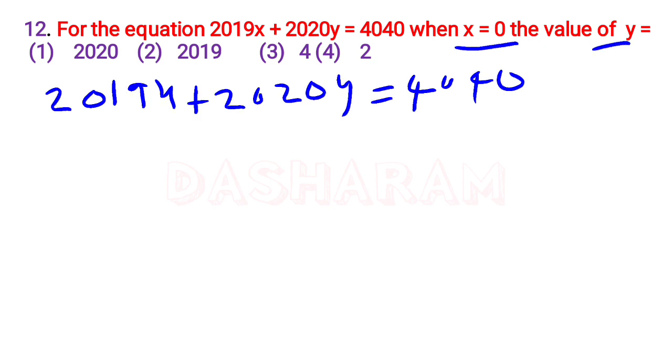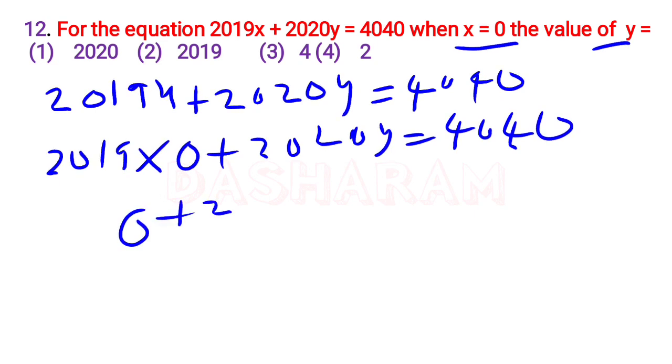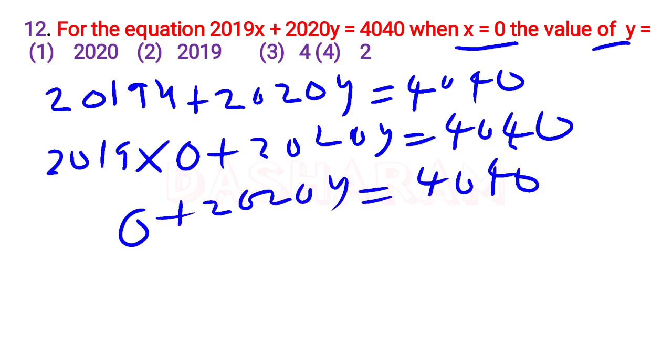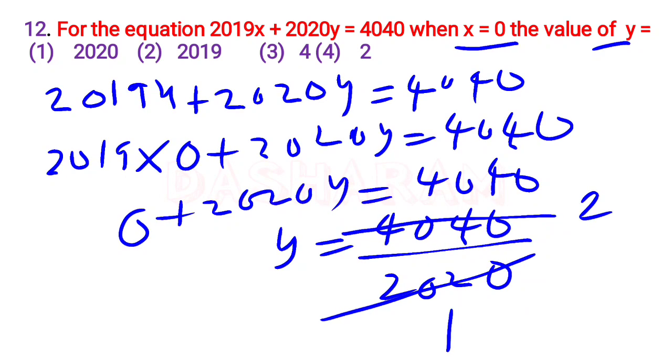That means substitute x equals 0 in the given equation and find the y value. 2019 into 0 plus 2020 into y equals 4040. 2019 into 0 is 0, plus 2020y equals 4040. 0 plus 2020y is 2020y, then y equals 4040 divided by 2020. So 2020 ones are 2020, 2020 twos are 4040, then the y value is 2, so option 4 is correct.